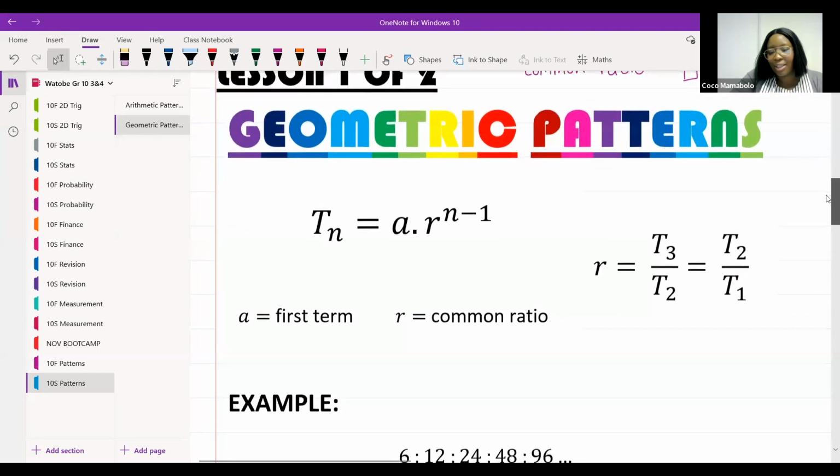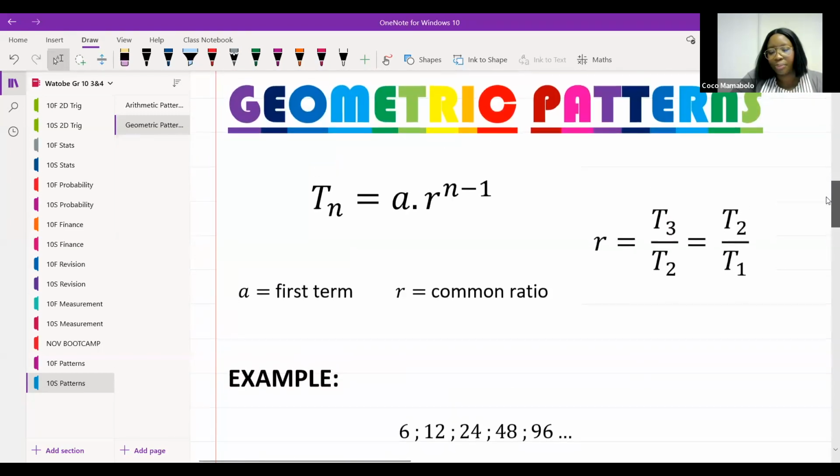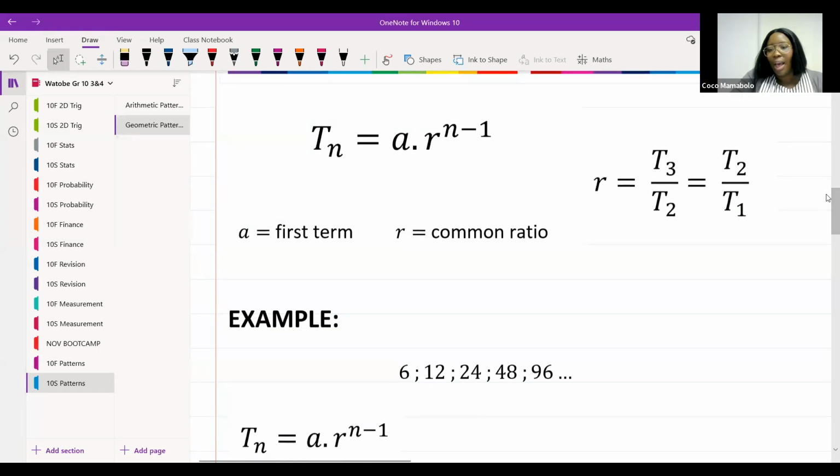So let's start here. Here's our first example. I can't start with the example, I must start with the general formula. This is the general formula for a geometric sequence every single time, guys.